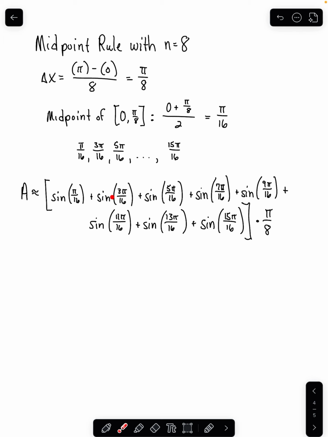Likewise, 3 pi over 16 is symmetric to 13 pi over 16, 5 pi over 16 is symmetric to 11 pi over 16, and 7 pi over 16 is symmetric to 9 pi over 16. So if it helps, you can simplify this a bit, or you can simply put it in your calculator as is.